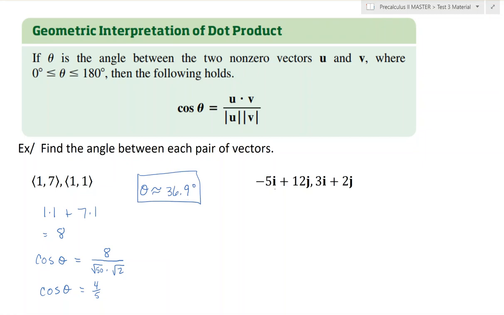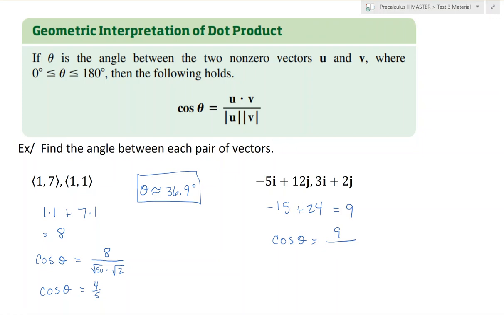Again, we're going to find the angle between the pair of vectors by finding the dot product. So I have a negative 15 and a positive 24, and adding those I get a dot product of 9. So my cosine of theta is the dot product of the u and v vectors divided by their magnitudes.